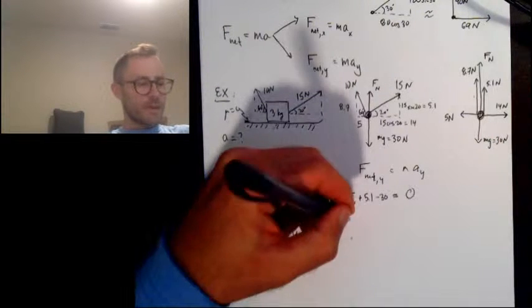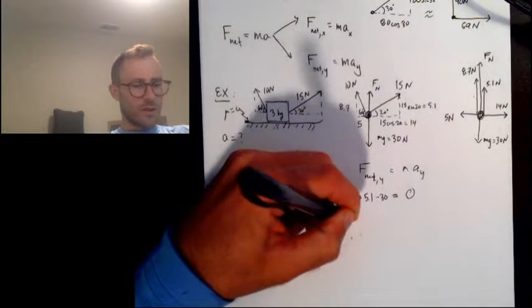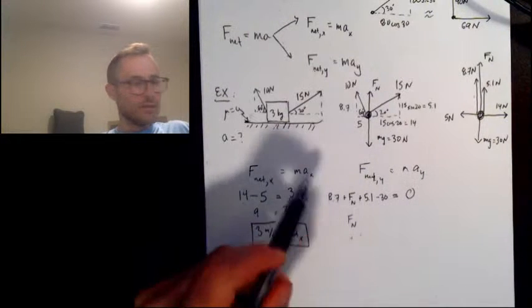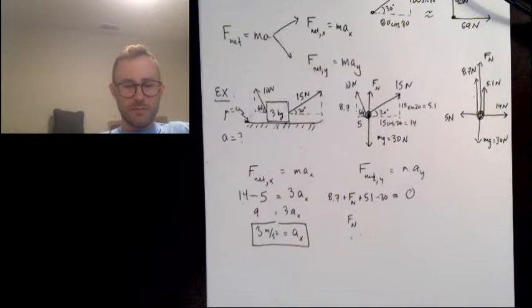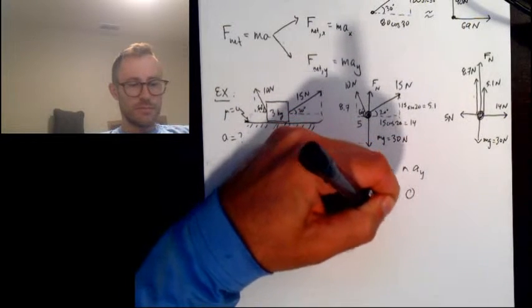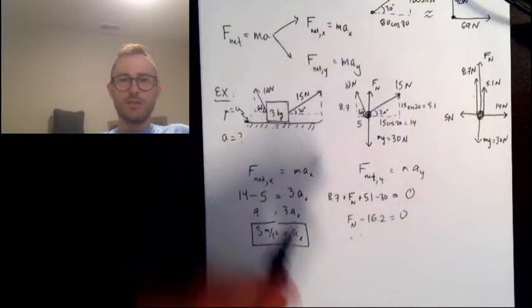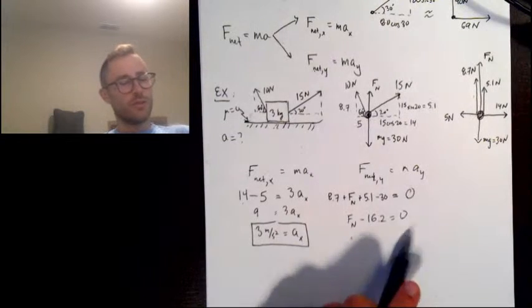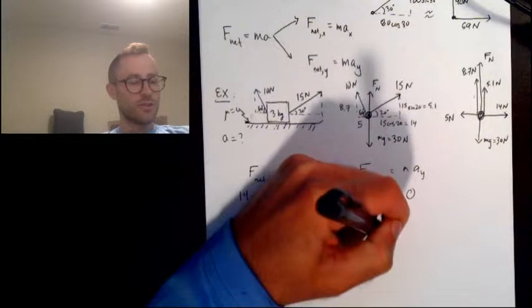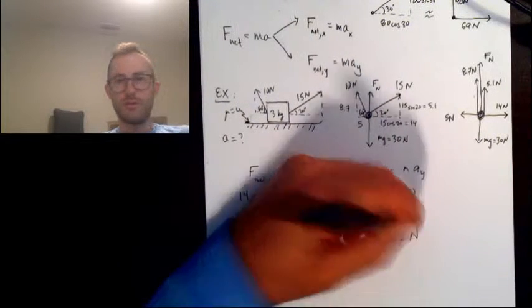So if I work this out, I'm going to combine all the ones that are numbers. So 8.7 plus 5.1 minus 30 is negative 16.2. So I have normal force minus 16.2 equals 0, which says that the normal force is 16.2 newtons.